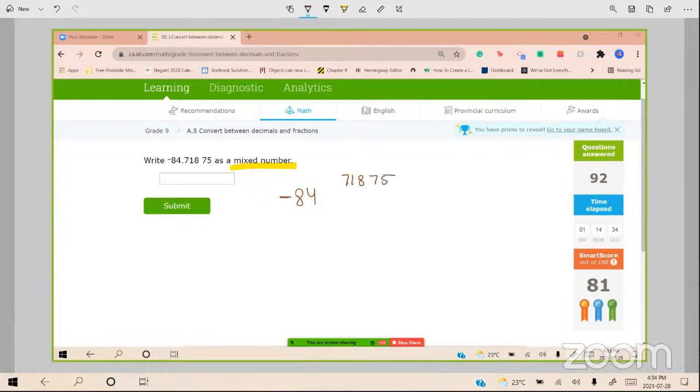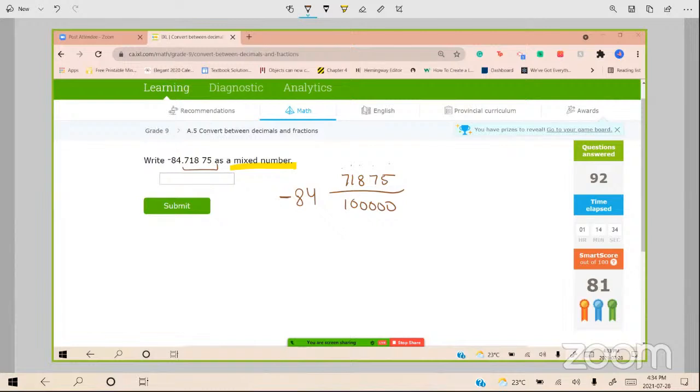Close. Okay, so basically, since this is after the decimal point, you're gonna divide by 1, and then for every number, you write 0. So there are 5 numbers here, so I'm gonna write 1 and five zeros. You have to add the same number of zeros.